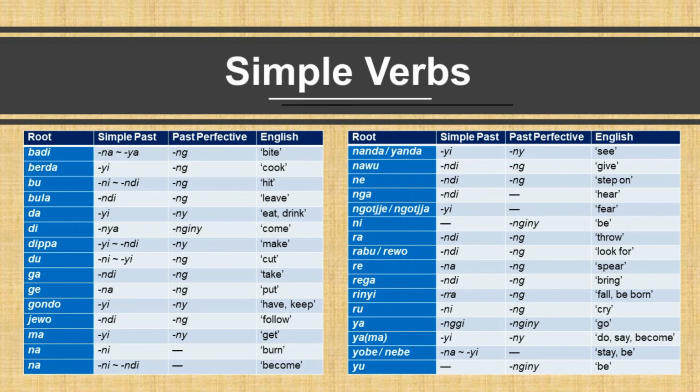So what you could do is some kind of a homework or a practice for yourself is take any verb you want to use, for example, make, and you want to say something like, I was making the house. So then you could say, okay, I know make, it's dippa, was making. So then you choose normally the first one because this is the more common one. Then you would choose this one.